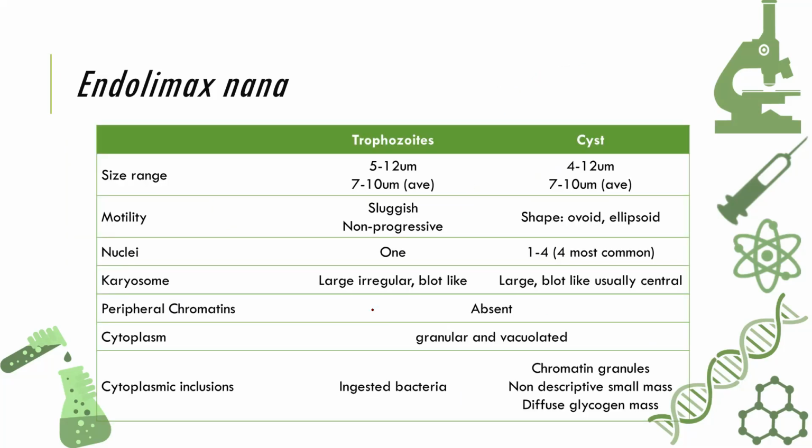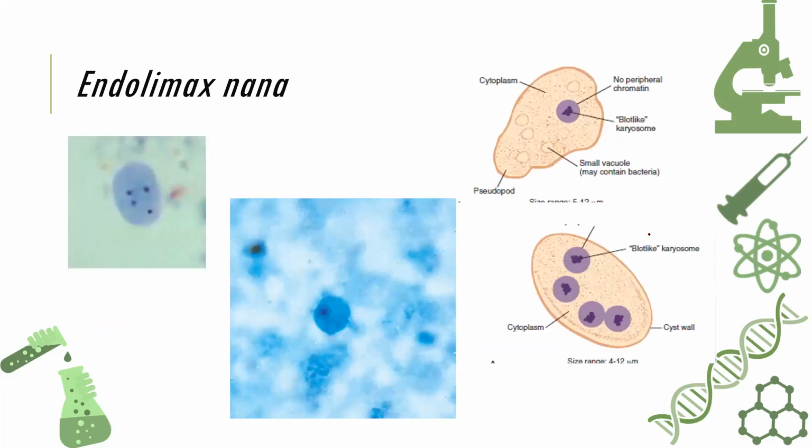Yung kanyang cyst, unlike kay histolytica, kay Hartmanni, kay coli, kay polecki, siya ay ovoid and ellipsoid ang kanyang cyst. Yung mga nauna, they are spherical and rounded. Pagdating po kay Endolimax nana, one of the key characteristics or features is yung kanyang ovoid shape and also the blot-like karyosome.